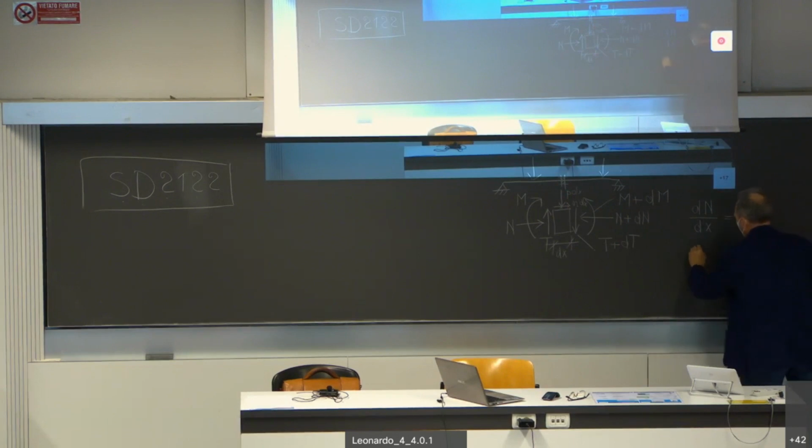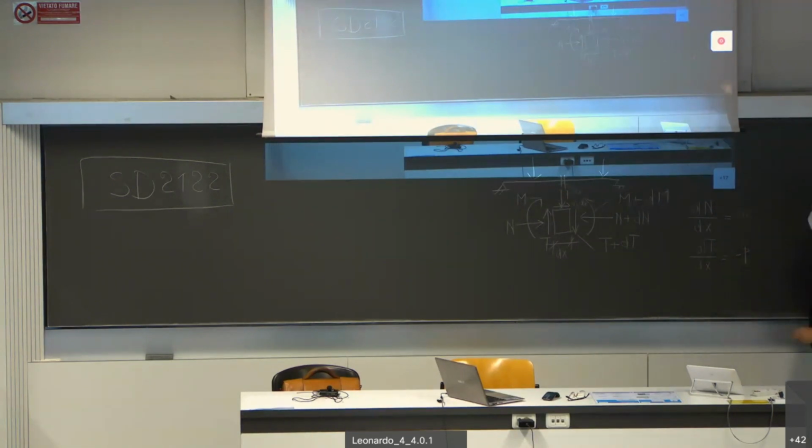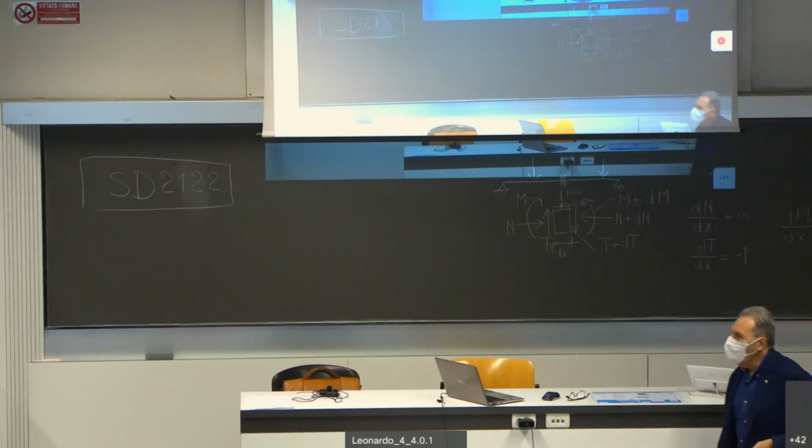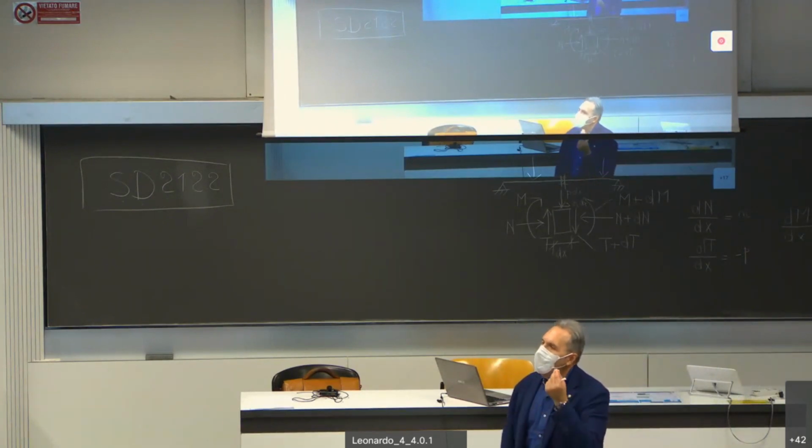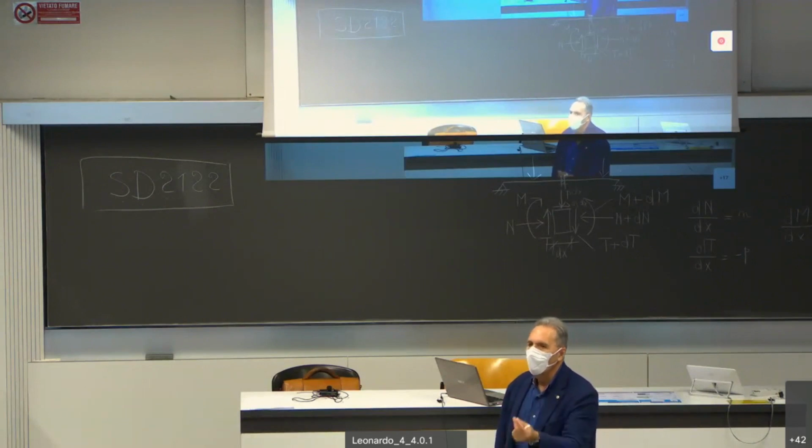Similarly, I will have that the variation of T over dx is equal to minus p. In addition, the variation of the bending moment over x is equal to the shear. So it comes from the statics. And it is very important to recall these local equilibrium equations.